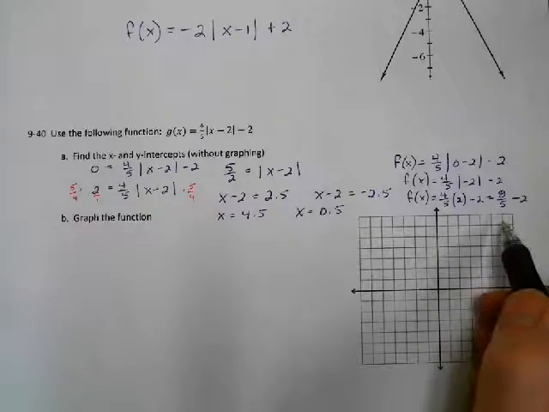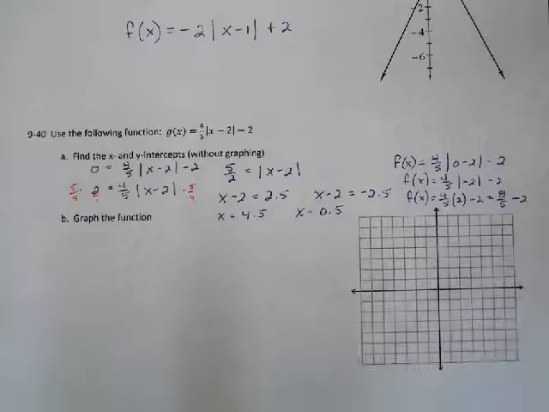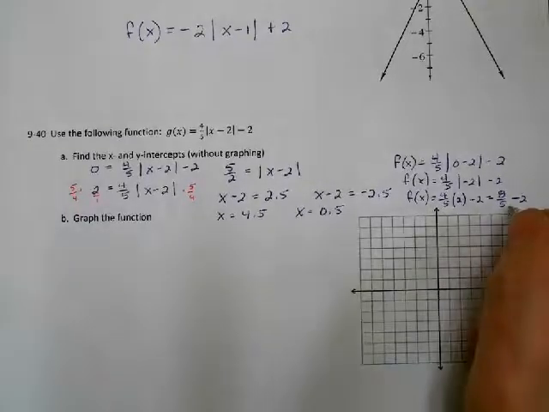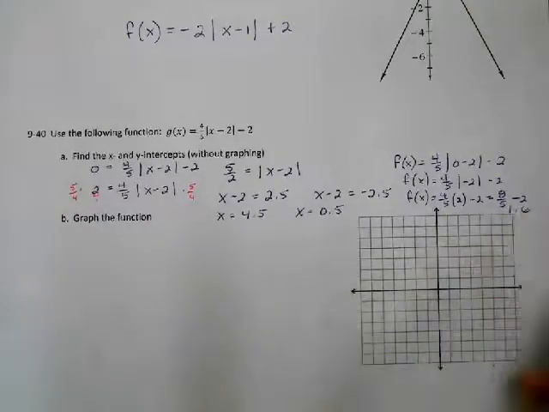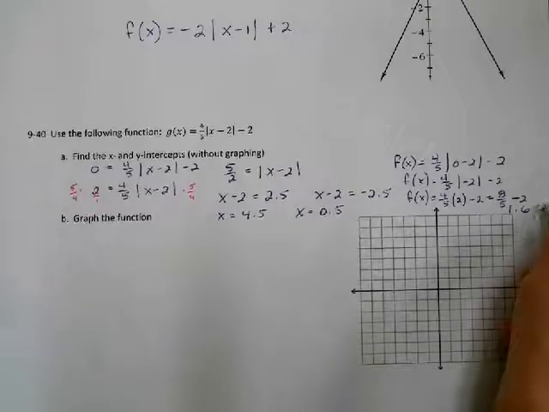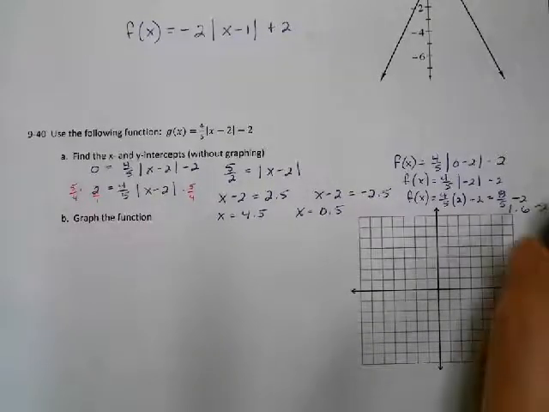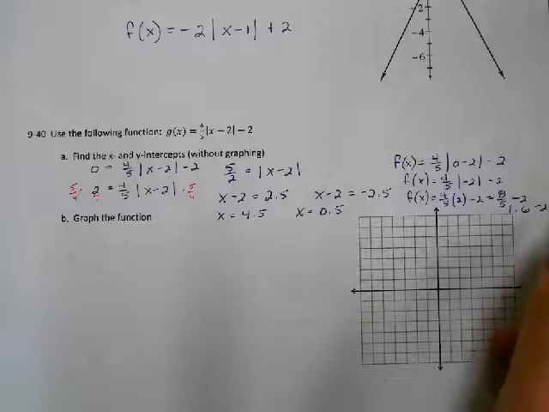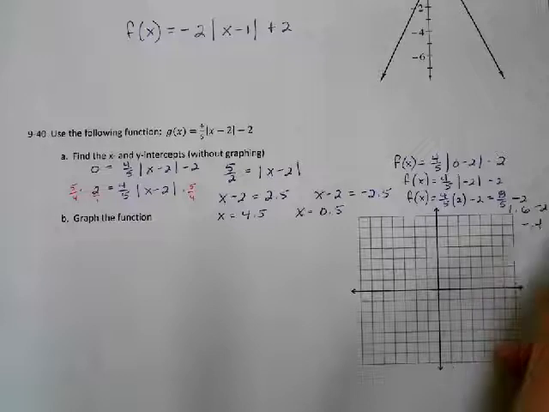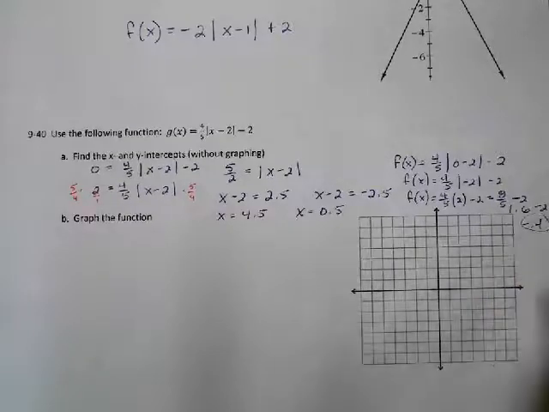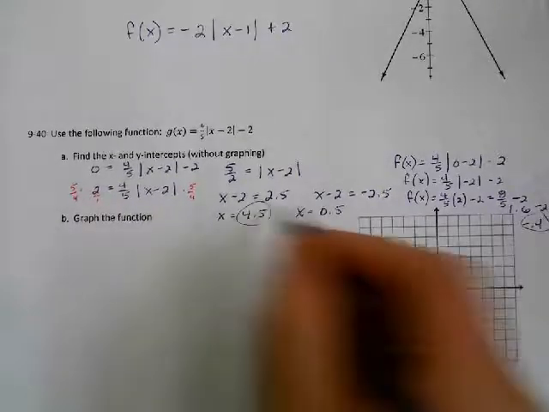And we'd get 1.6, I believe. And then 1.6 minus 2 would finally give me a value of, what's that, negative 0.4. So there's my y-intercept, negative 0.4. Here are my two x-intercepts, 4.5 and 0.5.